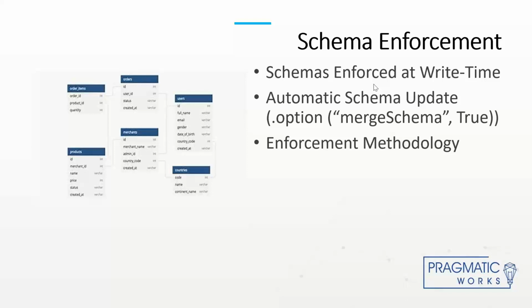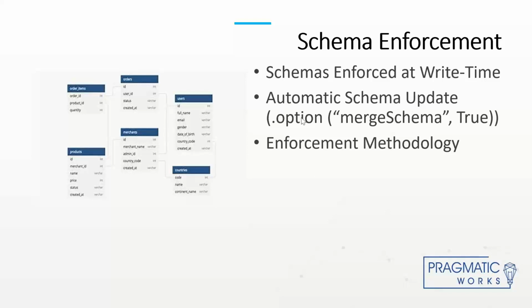Unless you have something called automatic schema update set on your Delta table, and we'll get into that a little bit later. But with automatic schema update, you can essentially let your schema drift. And all you have to do is use a statement called mergeSchema. It's actually an option on your Delta table, and you can set that to true, and then you can have automatic schema drift.